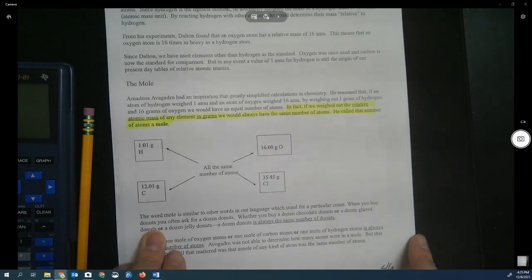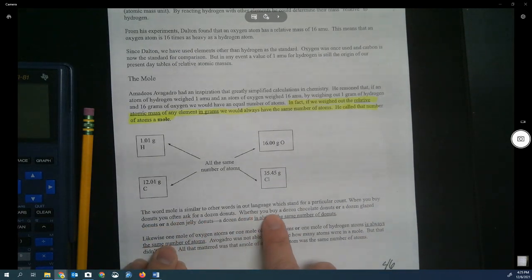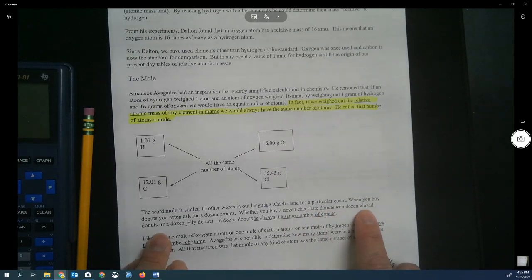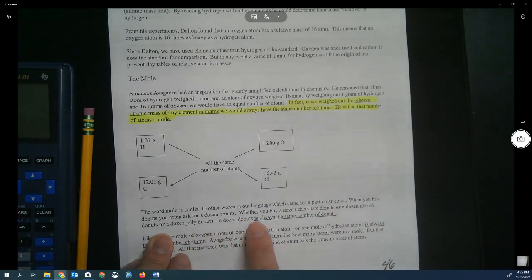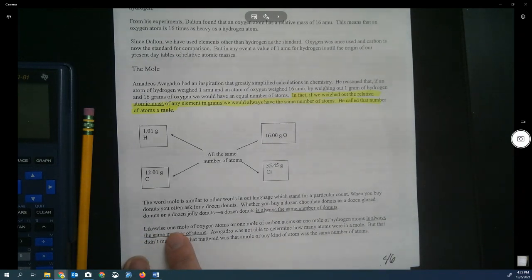When you buy donuts, like we saw in our video, we often ask for a dozen donuts. Whether we buy a dozen chocolate donuts or a dozen glazed donuts or a dozen jelly donuts, we always get the same number of donuts. Likewise, 1 mole of oxygen atoms or 1 mole of carbon atoms or 1 mole of hydrogen atoms is always the same number of atoms.